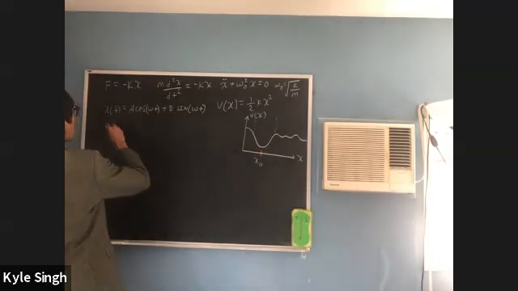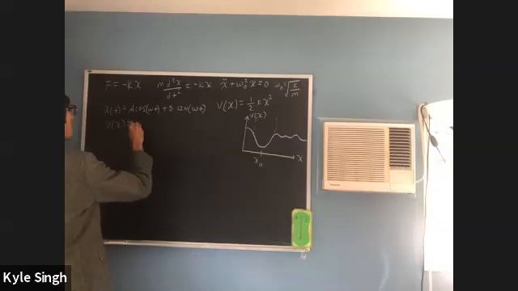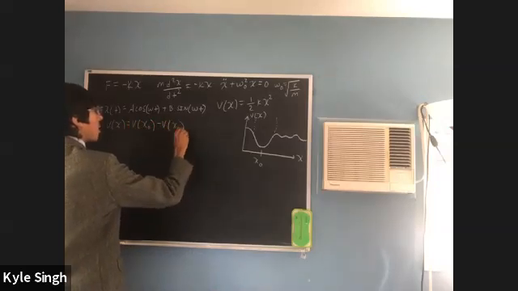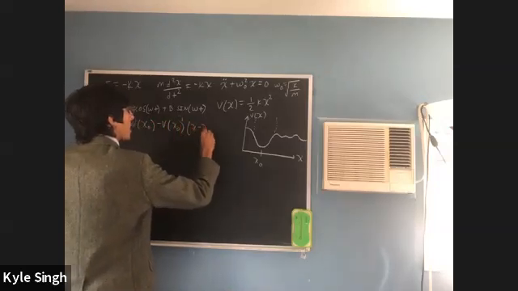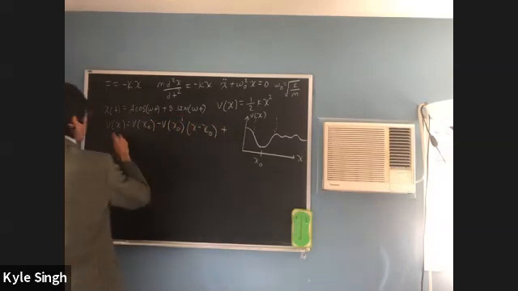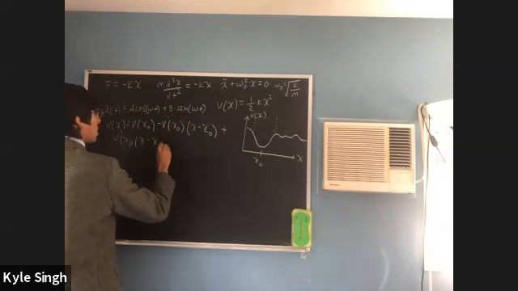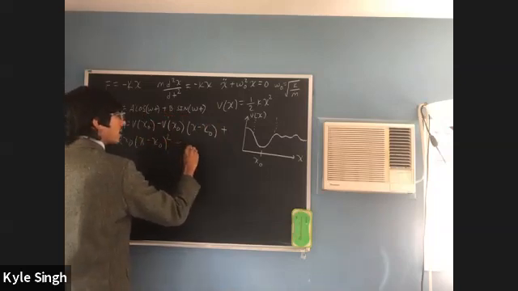So I have V of x equals V of x naught minus V prime of x naught times x minus x naught, plus V double prime of x naught times x minus x naught squared, minus dot dot dot.